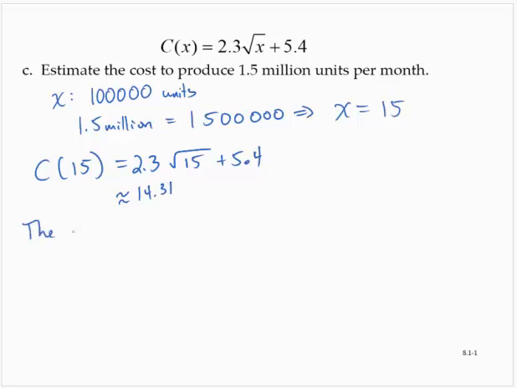So the cost to produce 1.5 million units is $14.31 million.